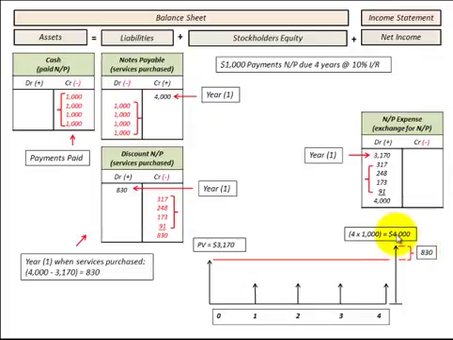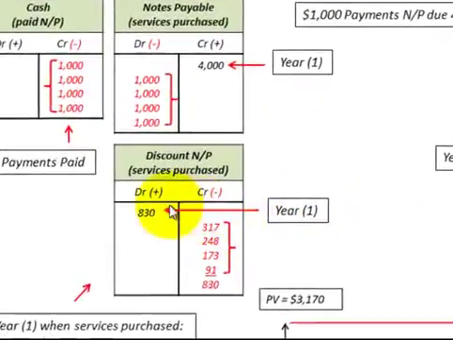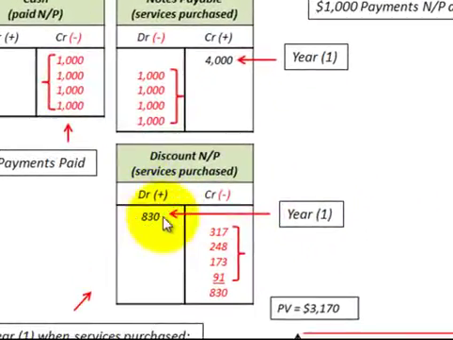So we have the $4,000 worth of notes payable here, and then we factored that back to its present value at $3,170, and then we had this $830 worth of interest, and that's what this discount represents here. Now this discount to notes payable gets reduced each year by the interest that we paid on it. So at the end of the fourth year, the discount here is reduced to 0.